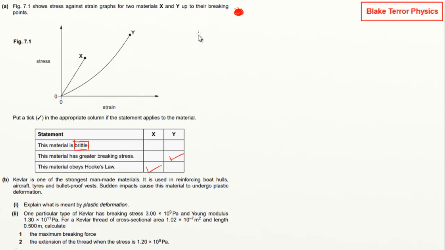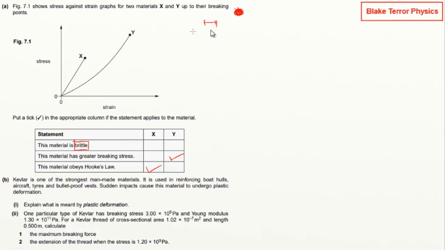So brittle, really, we're talking about materials which don't extend very much before they snap. So they're starting at a particular length. They extend a tiny amount and then they're going to break. These are our brittle materials, things like ceramics and, well, ceramics are a good one, glass, things like that, some metals.